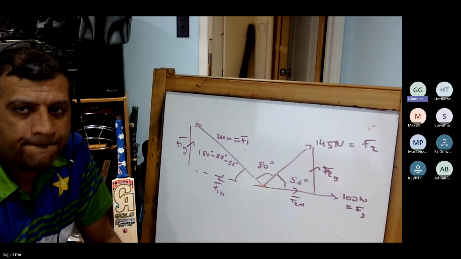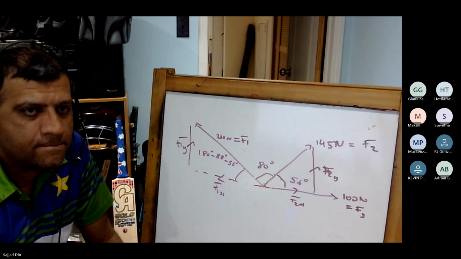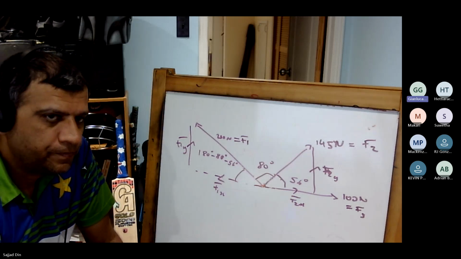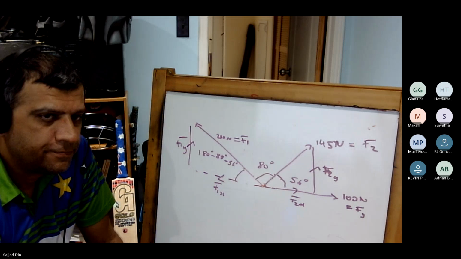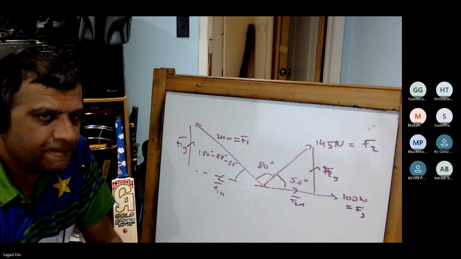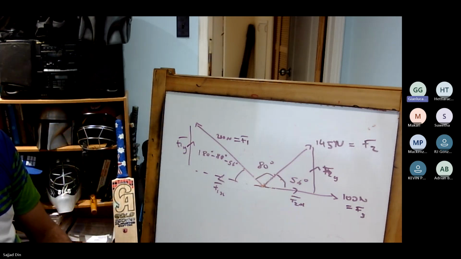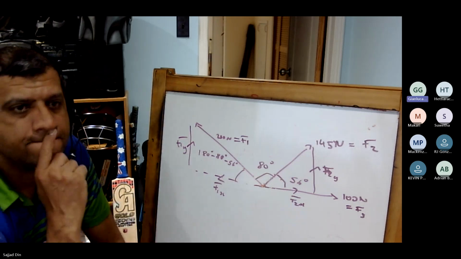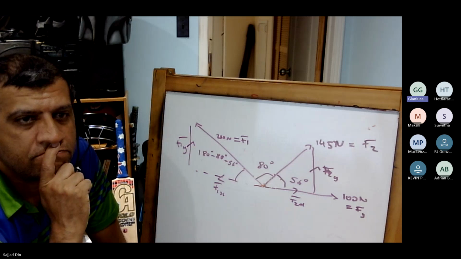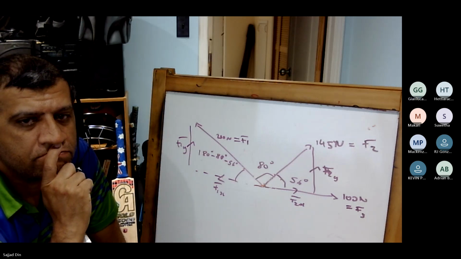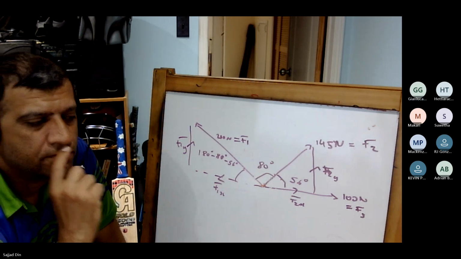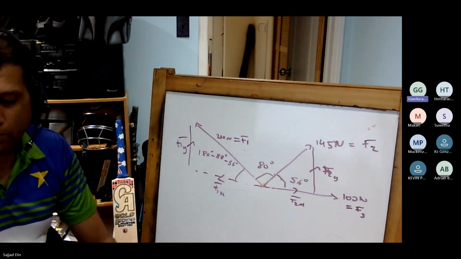100 equals F1, and then this is 80, 56. F3, this is 145, and equals F2, 100, that's 3.